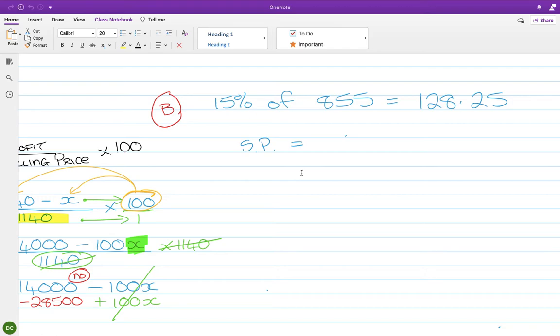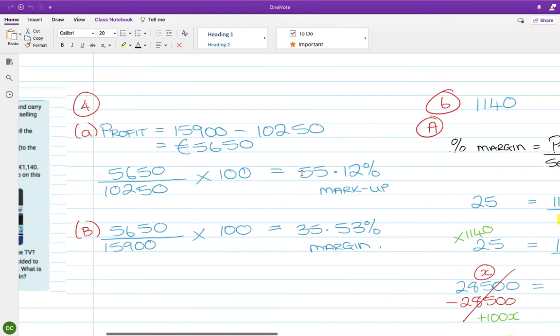So that gives us a selling price of 983.25. Okay, so now instead of selling it for 1140, they're going to be selling it for 983.25.